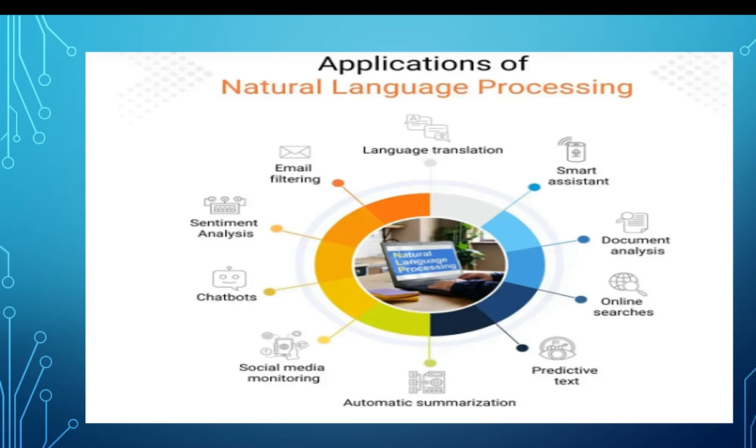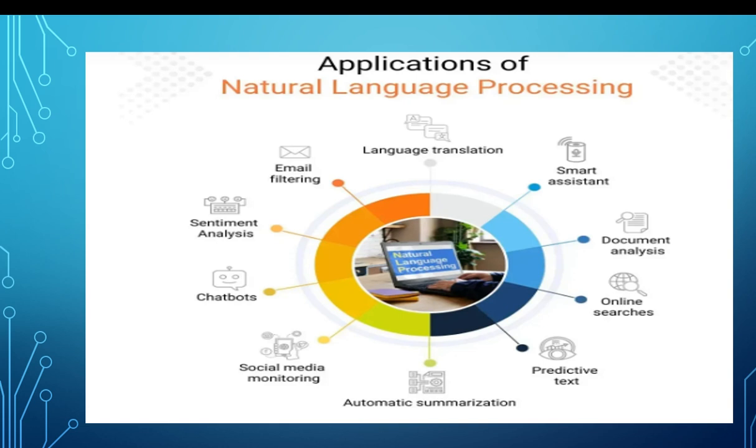What are the applications of natural language processing? Language translation, smart assistant, document analysis, online searches, predictive text, automation, automatic summarization, social media monitoring, chatbots, semantic analysis, and email filtering.